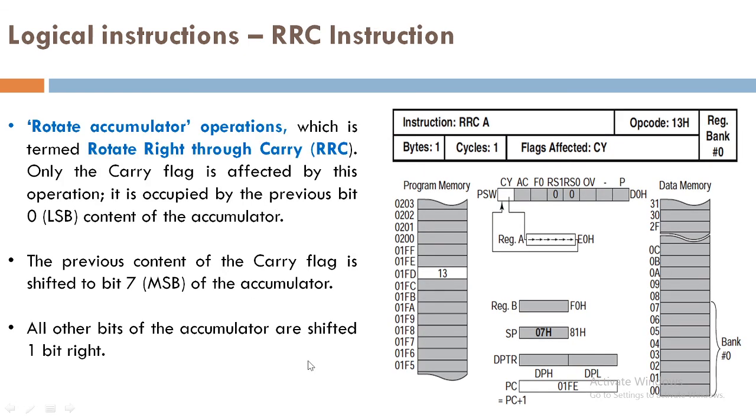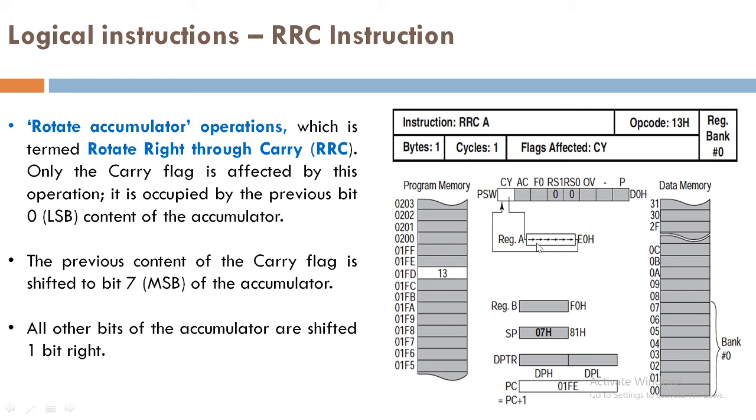Now let's see the other one. Again, in this case it is the rotation of data, but now it is through the carry flag of the PSW register. The content of the carry flag after just one rotation will enter into the most significant bit of the accumulator, and then the other bits will be shifted by one.